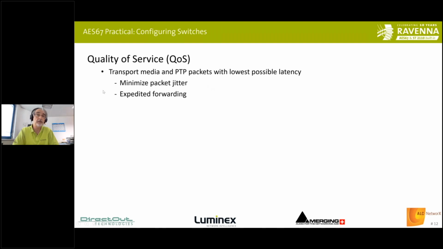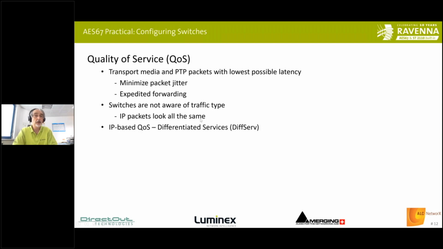And the secret behind it is using quality of service with expedited forwarding for those precious media and PTP packets. The problem here basically is switches are usually not aware of the traffic type, so all the IP packets they receive basically look the same unless you use QoS.